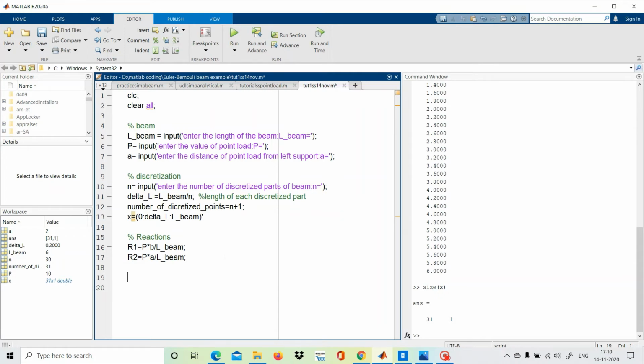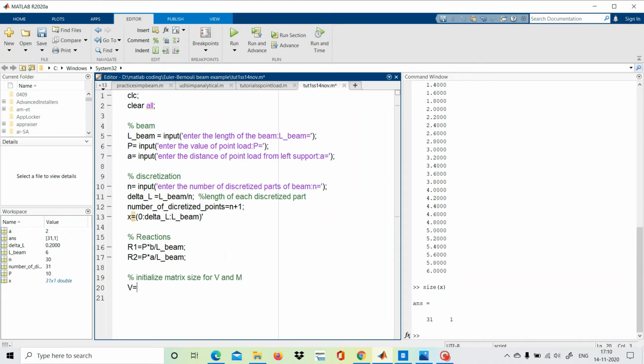Now what do we want? We want to initialize matrix size for shear force V and bending moment M. So what is the size of the shear force?